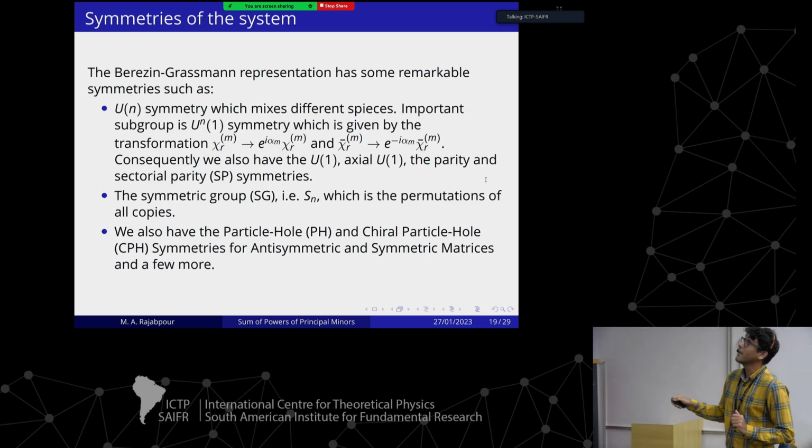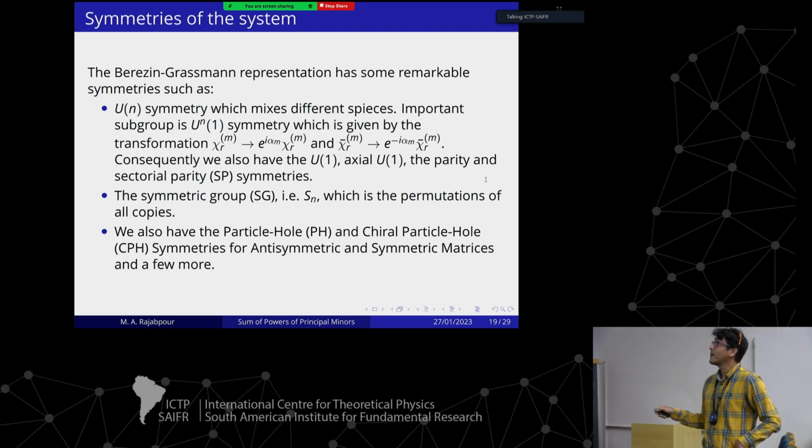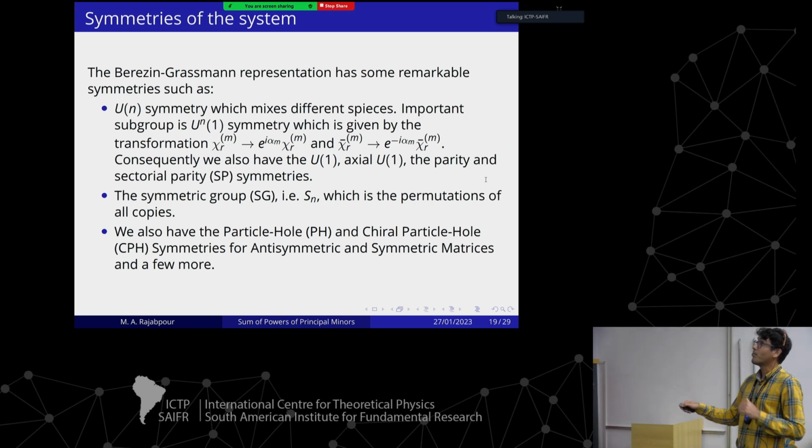But before that, let me tell you that this representation shows a lot of remarkable, simple symmetries. It shows the UN symmetry and some subgroups of UN symmetry, like UN1 symmetry. It shows chiral symmetry, axial U1 symmetry, sectorial parity symmetry, symmetric groups Sn. Also particle-hole and chiral particle-hole, if you have symmetric or anti-symmetric matrices.